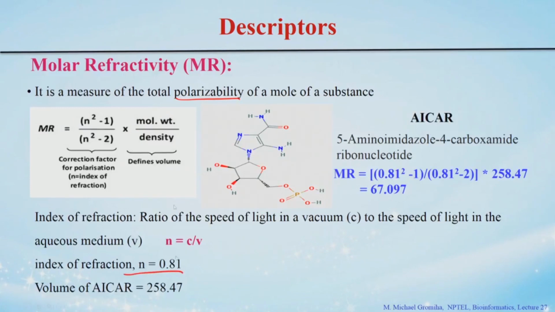We take this 0.81 squared minus 1, then use the volume of the compound, 258.47, and divide by this volume. Finally, we get the value of 67.097. So, we substitute the values and use the volume of the compound, and finally you get MR equal to 67.097. Likewise, for any parameters, if you know the compound you can calculate.